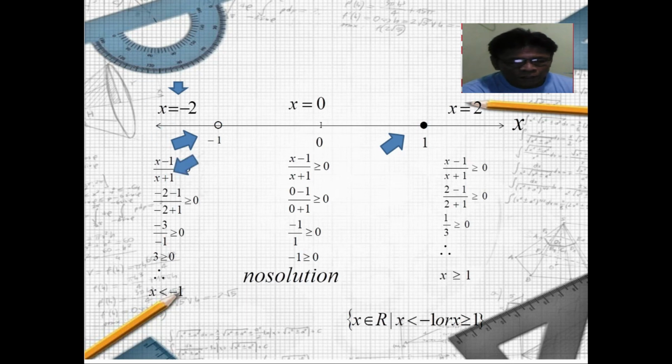Okay, the solution: substitute negative 2, it becomes negative 2 minus 1 over negative 2 plus 1 greater than or equal to 0, and negative 3 over negative 1 is 3, greater than 0, and it is true.